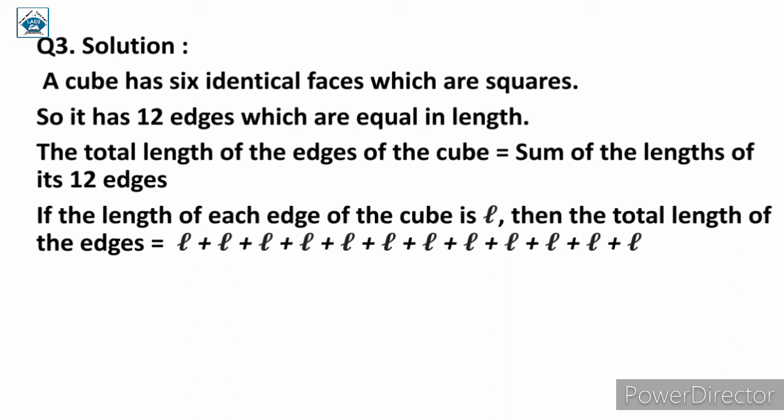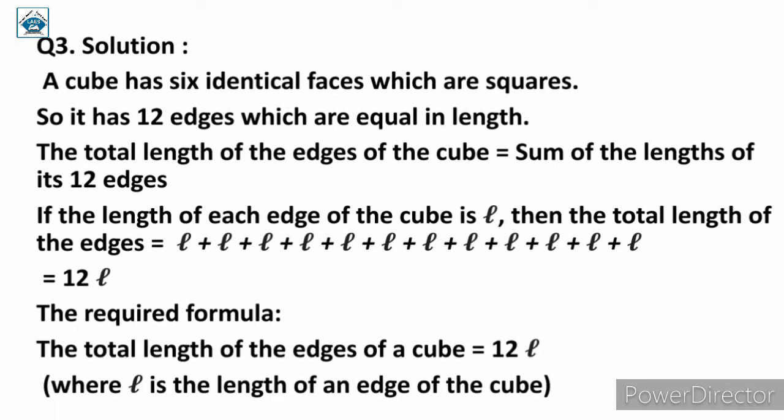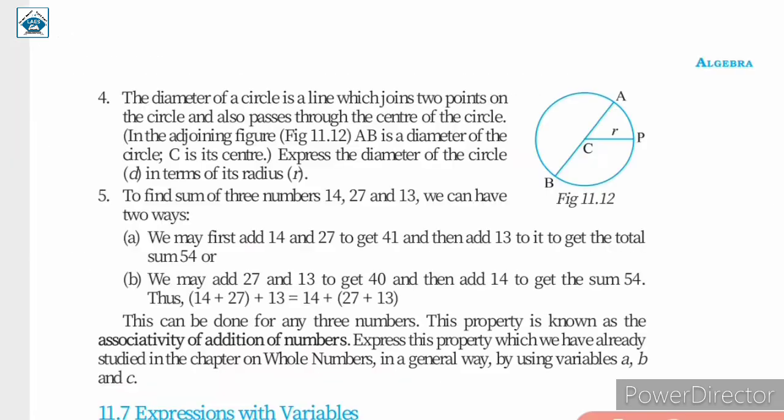So here I have written addition of L 12 times because there are 12 edges. So simply this will be equal to 12L. So the required formula for the total length of the edges of a cube is equal to 12L, where L is the length of an edge of the cube.